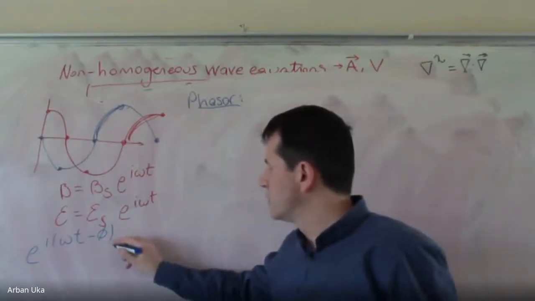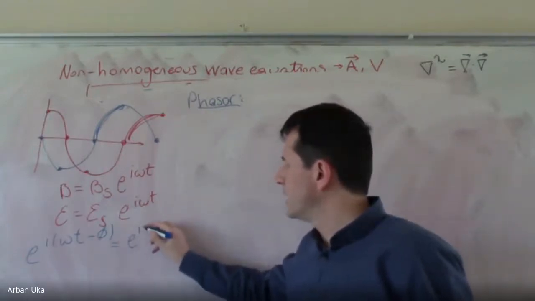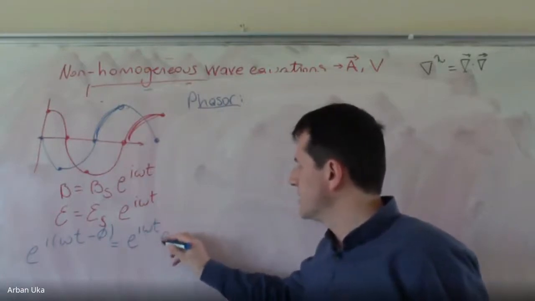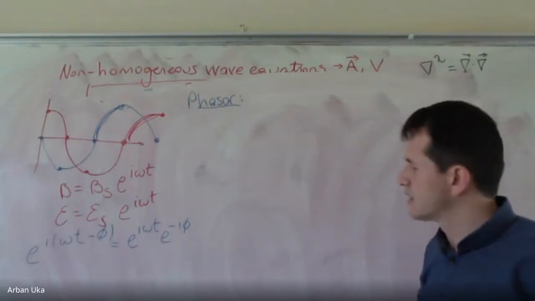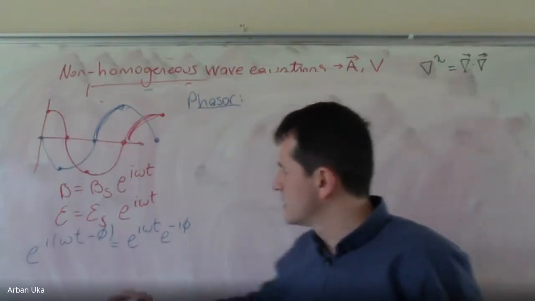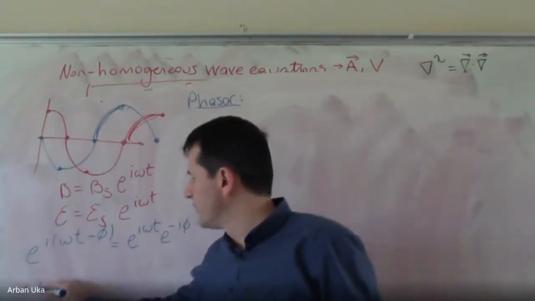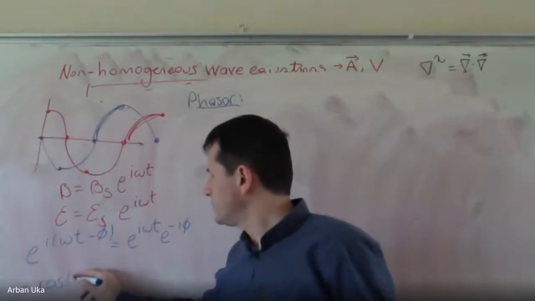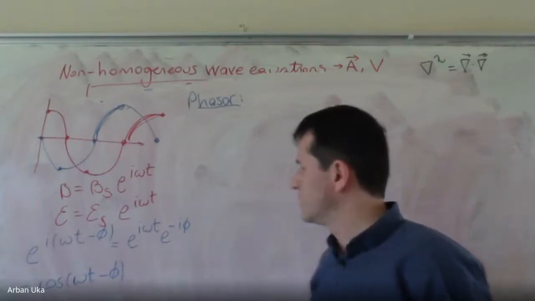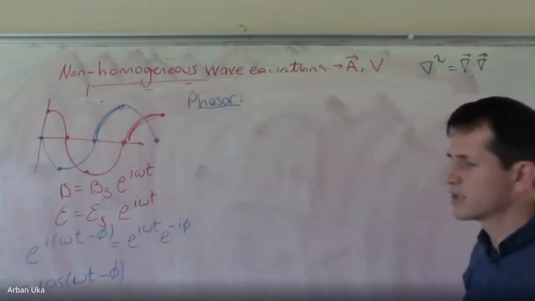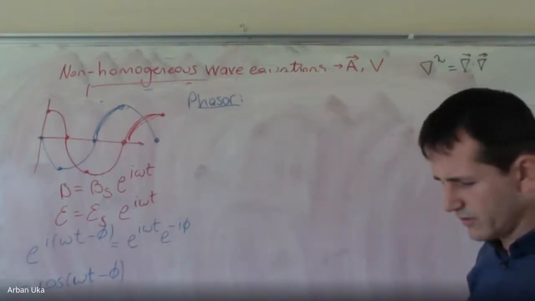This is equal to e to the power i omega t times e to the power minus i phi. At the same time, its real part is also equal to cosine of (omega t minus phi), okay?